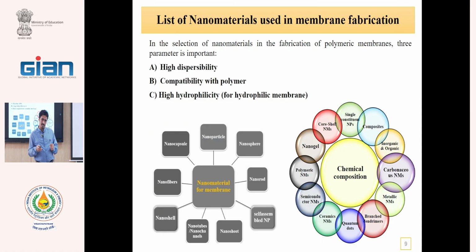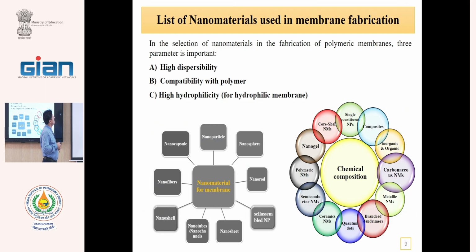Therefore, in most cases a low amount of nanoparticles is good for membrane fabrication when we mix the nanoparticles, not for surface coating. In surface coating, there is no problem. But when we mix the nanomaterials in solvent, in polymer, as a mixed matrix, we must use low amounts. Higher amounts are not good.